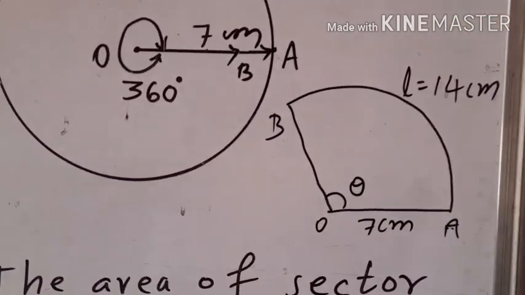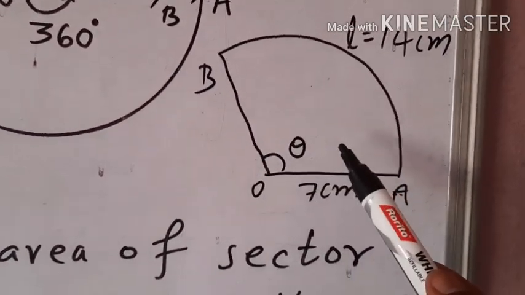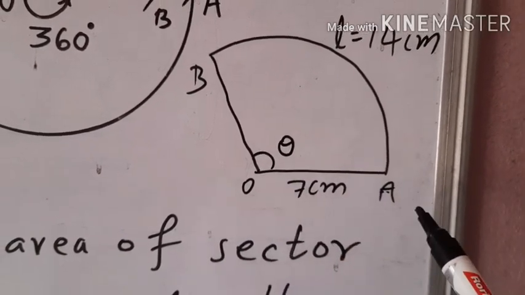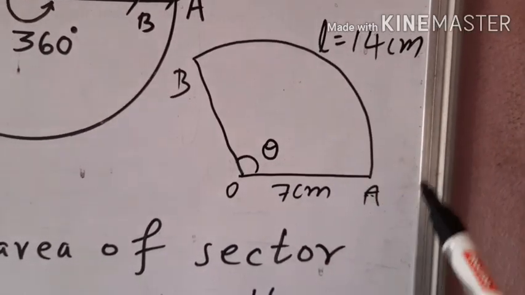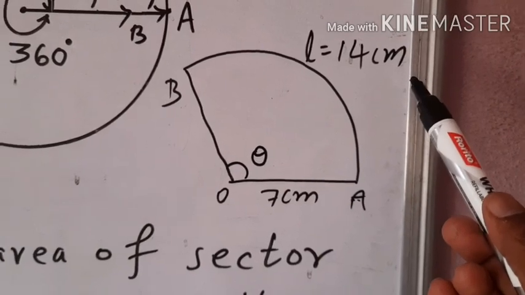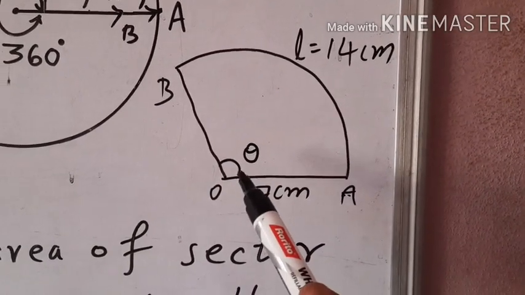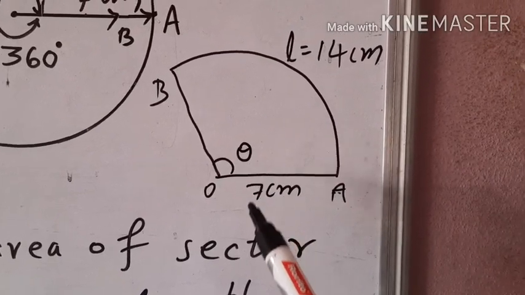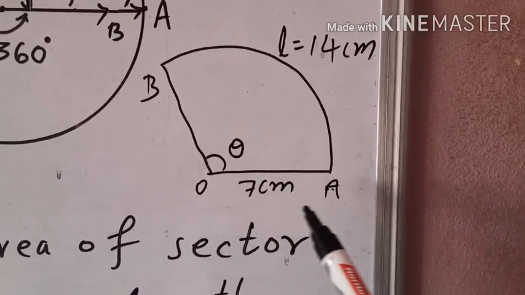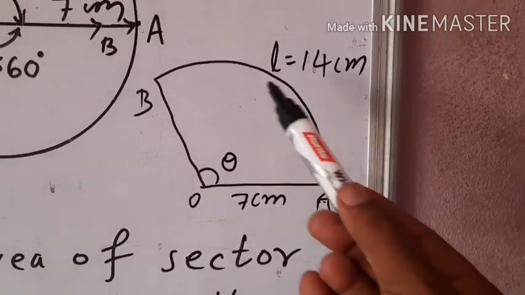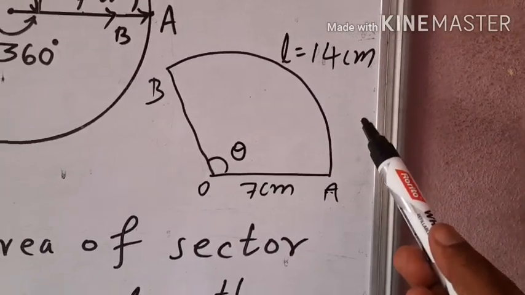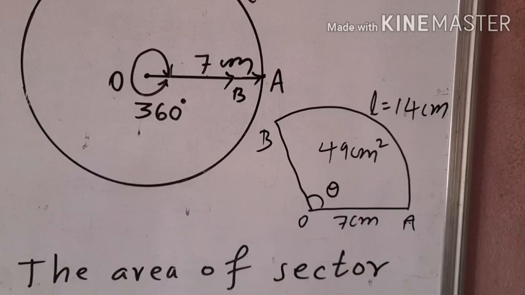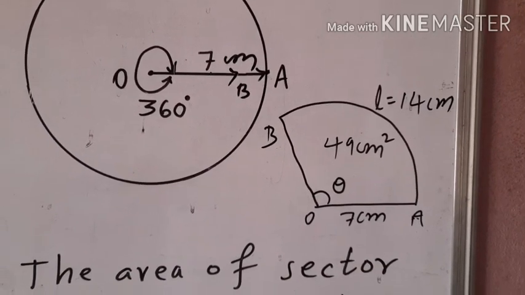So, I can conclude that here this is the sector whose radius is 7 centimeter and length of the arc is 14 centimeter, and here I do not consider the central angle theta. The area is 49 centimeter square.